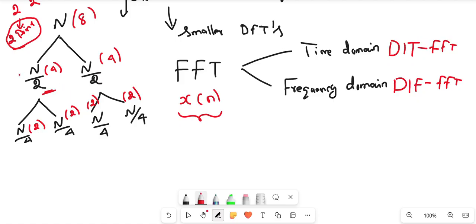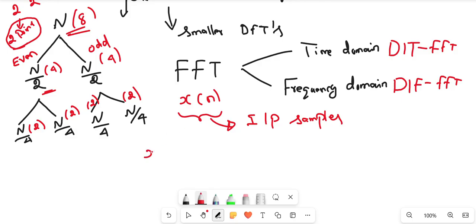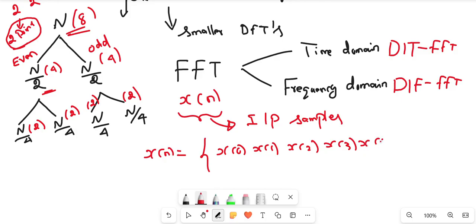This is the even sample, this is the odd sample. For the 8-point DFT, the input samples are x of n equal to x of 0, x of 1, x of 2, x of 3, x of 4, x of 5, x of 6, x of 7.